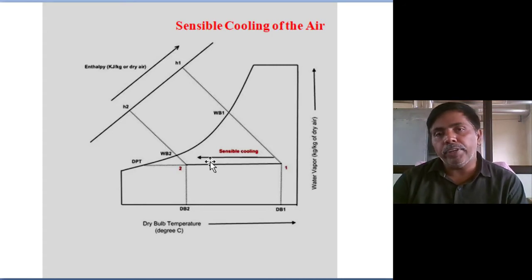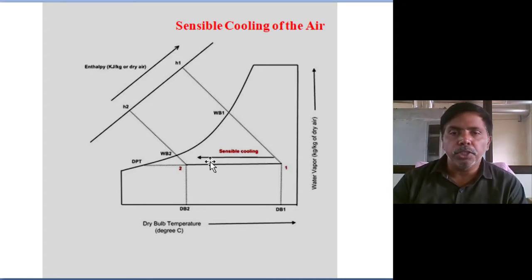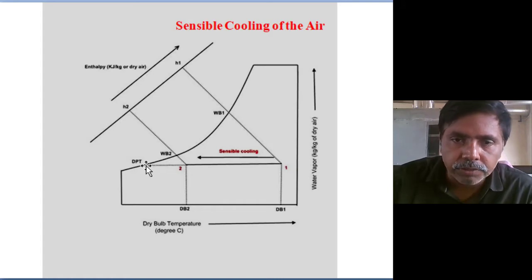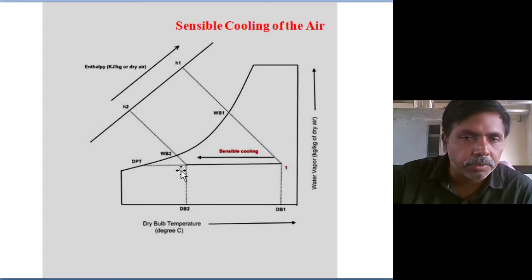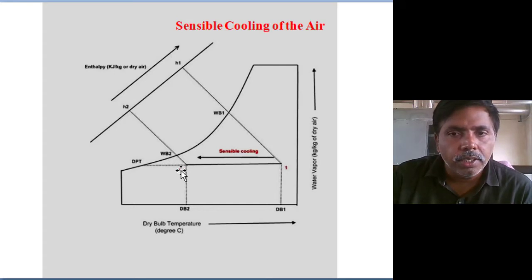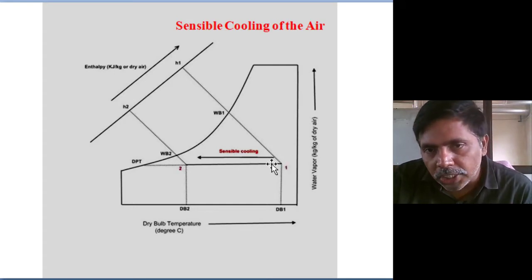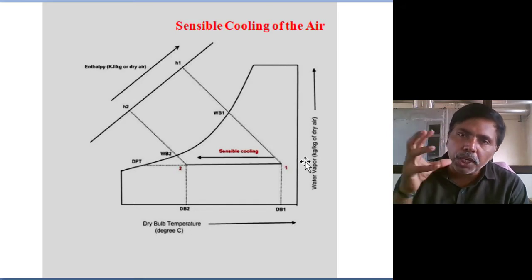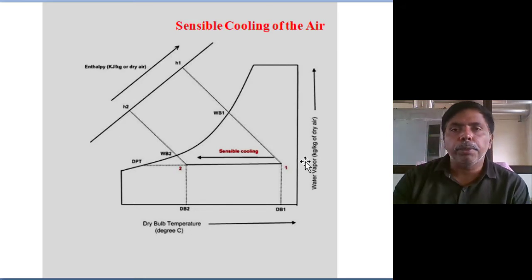What will it affect for sensible cooling? You can see the dew point temperature is not changing, here or here, and the moisture content of air also we are not changing. What we are doing is just reducing the temperature.